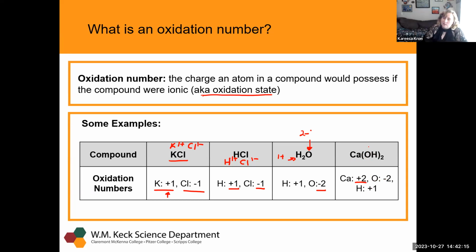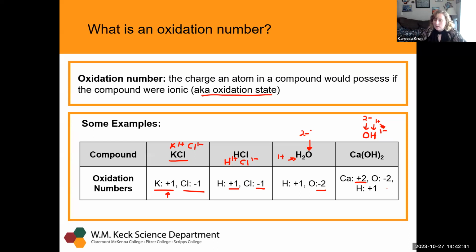If we look at this hydroxide, we know hydroxide typically has a 1- charge. Here, our oxygen will have a 2- charge, while hydrogen has a 1+ charge, in order to get to this net -1 for the polyatomic ion. So it depends on how we build up these polyatomic ions that we determine oxidation state.